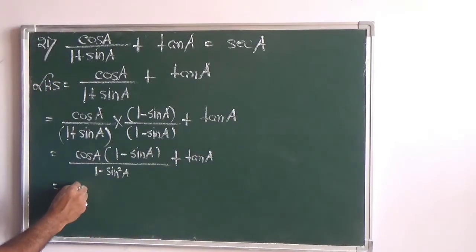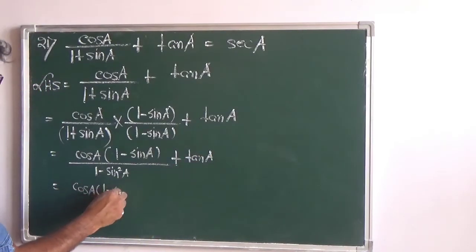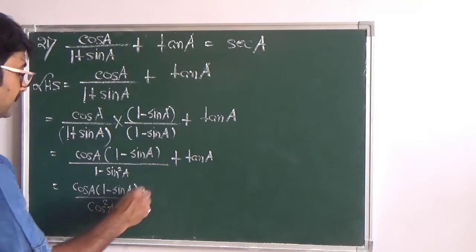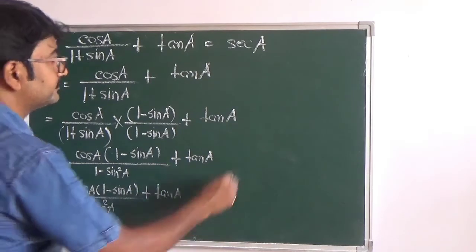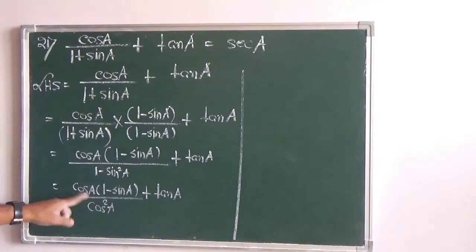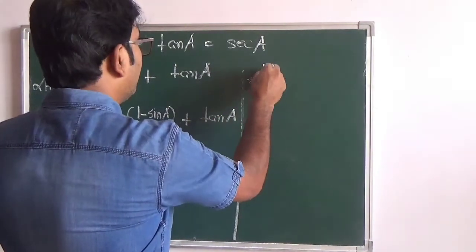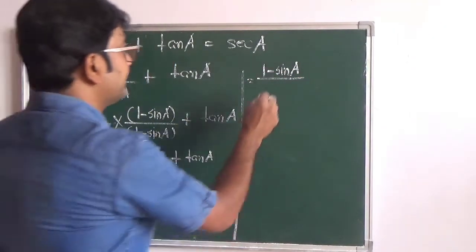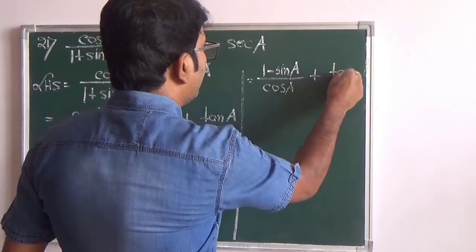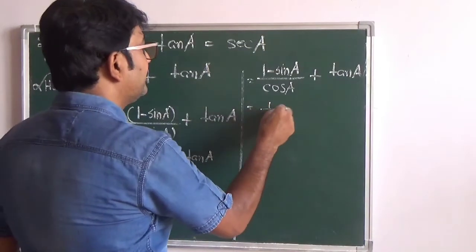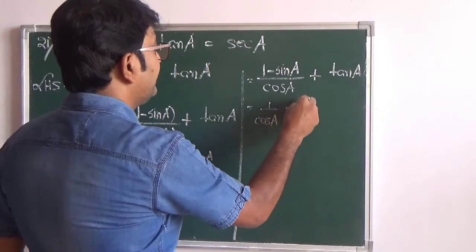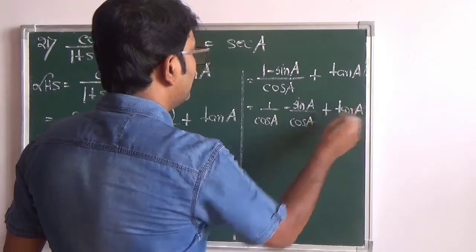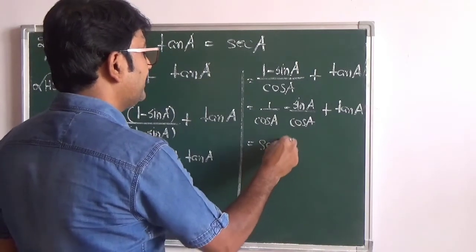So we have cos of A into 1 minus sin of A by cos square A plus tan A. If you proceed with this, we have 1 minus sin A. Here cos A will cancel out, so we are left with cos A in the denominator plus tan A. So you can write it as 1 by cos A minus sin A by cos A plus tan A. So 1 by cos A is sec of A, which is here.